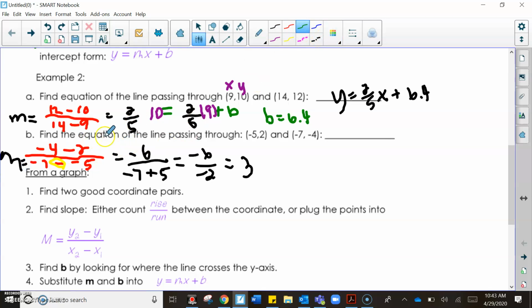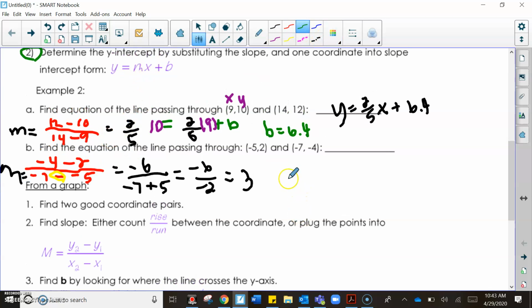So again, we're writing an equation, so I have to go back to my equation here. y equals mx plus b. I'm going to substitute for the things I know. I found my slope to be 3, so I'm going to substitute that in the m spot. I'm going to use this ordered pair here, so this is going to be -7 and -4. And I'm going to solve for b. So -21, that's 3 times the -7.